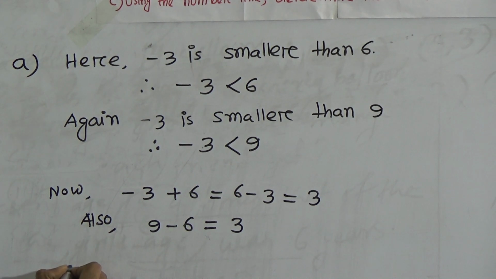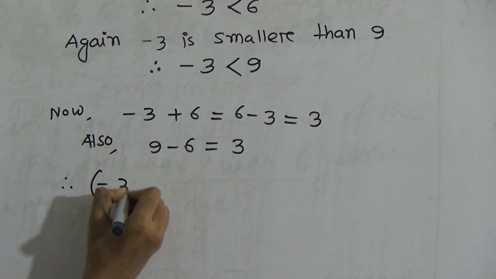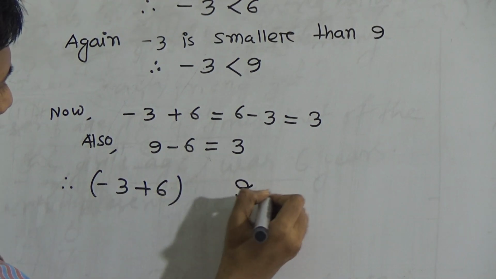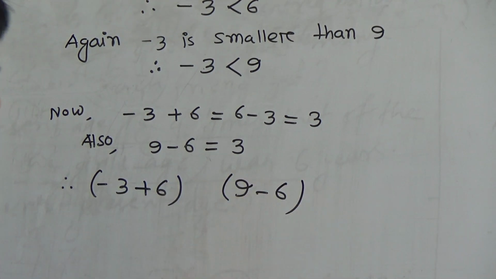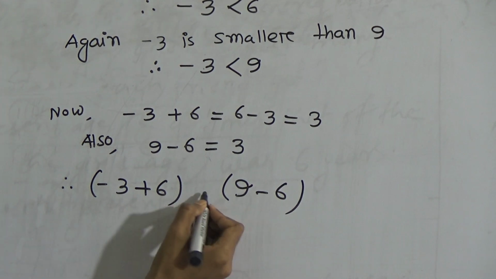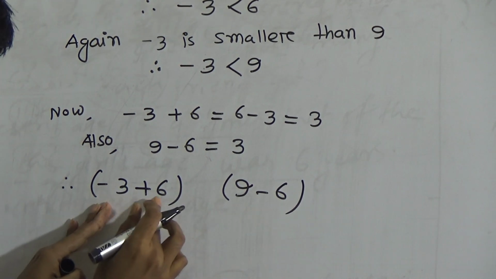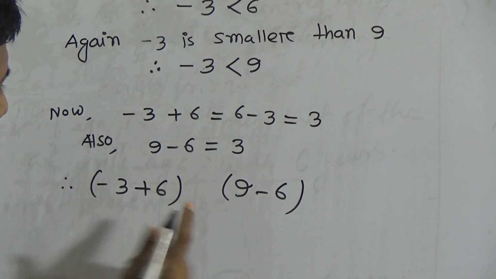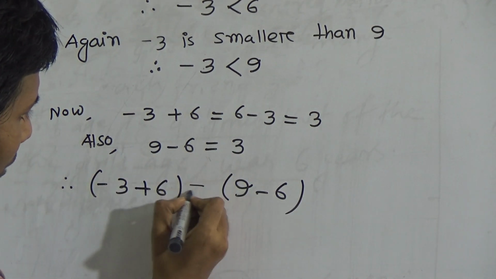Therefore, in between the expressions -3 plus 6 and 9 minus 6: -3 plus 6 equals 3, similarly 9 minus 6 equals 3. So you put here an equal sign.